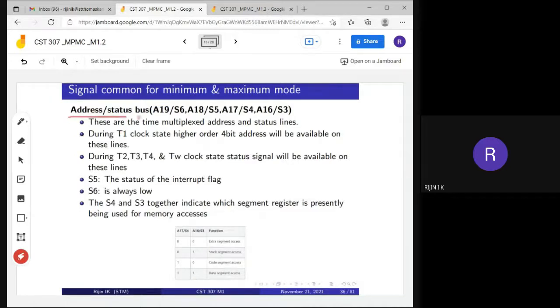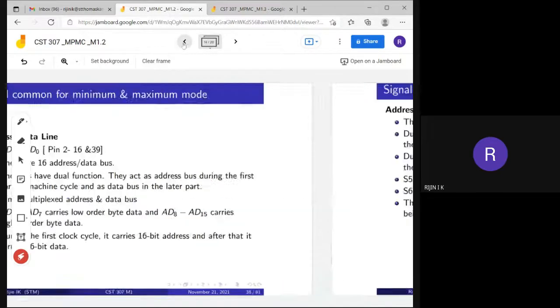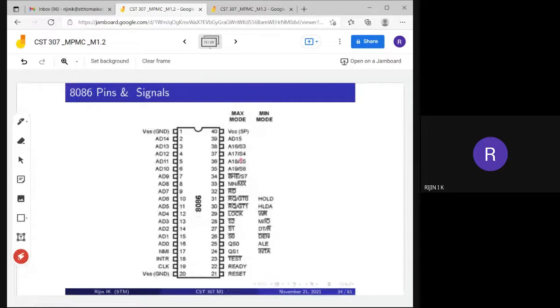The next one is the address bar status pins, that is A19, A18, A17, and A16, pin numbers 35, 36, 37, and 38. So these are the address bar status pins.